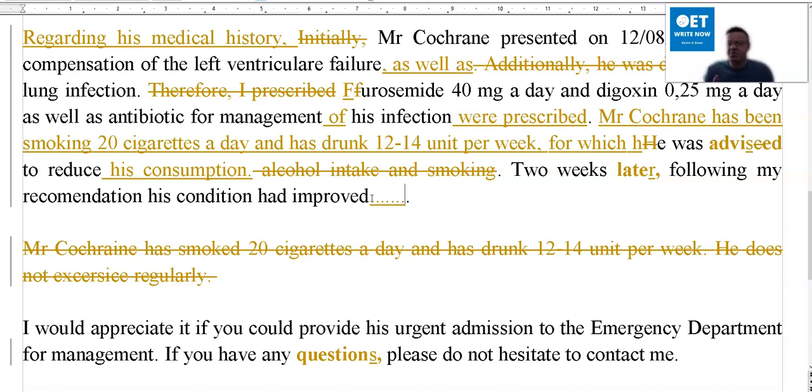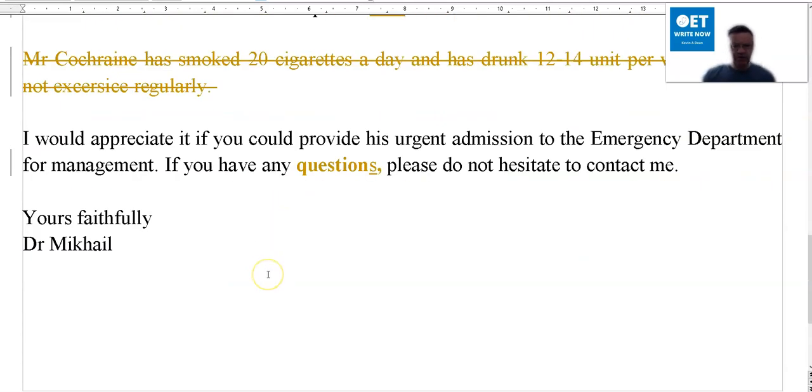His condition had marginally improved. However, we need some contrast here. We need something to show if it had improved, like you say, then why is he coming in for urgent admission? So that needs some clarification there, okay? And then I would appreciate you about urgent admission in view of the above.